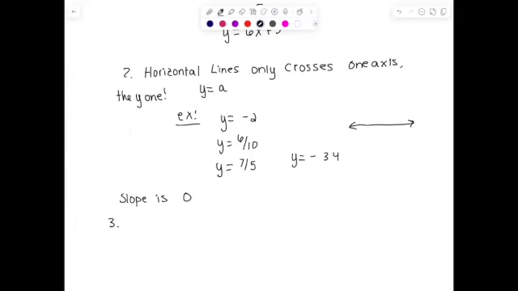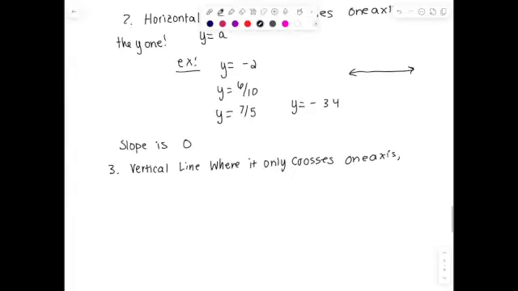And the last kind of line is a vertical line, where it only crosses one axis, which is the x one. So examples, so it's going to be in the form x equals a, where a is some number.